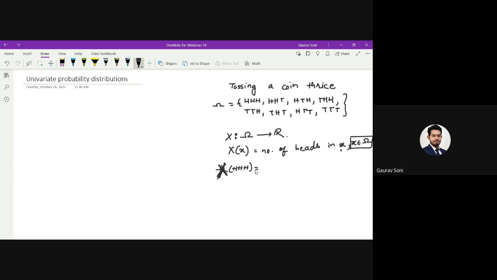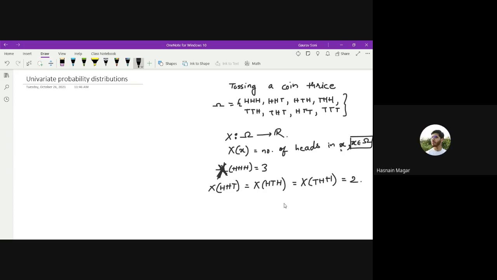Anyone? So that would be 3. Then X of HHT will be equal to X of HTH, which will also be equal to X of THH.